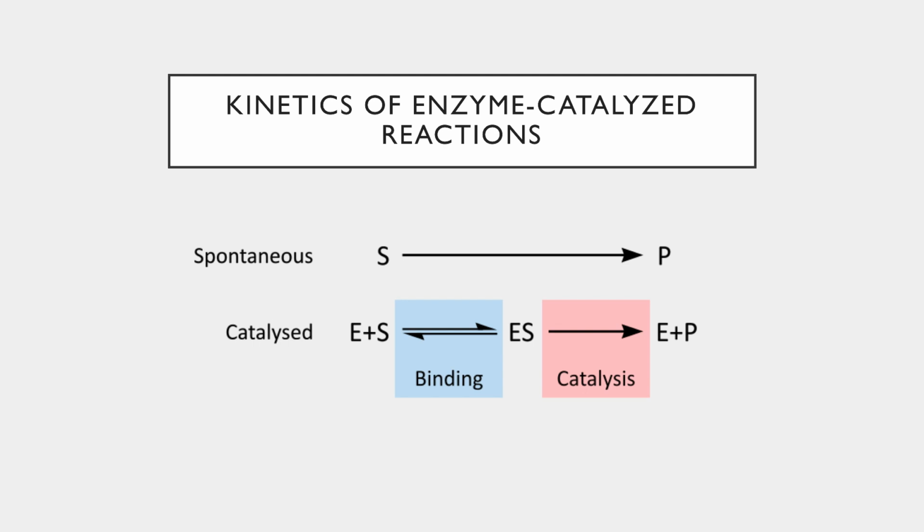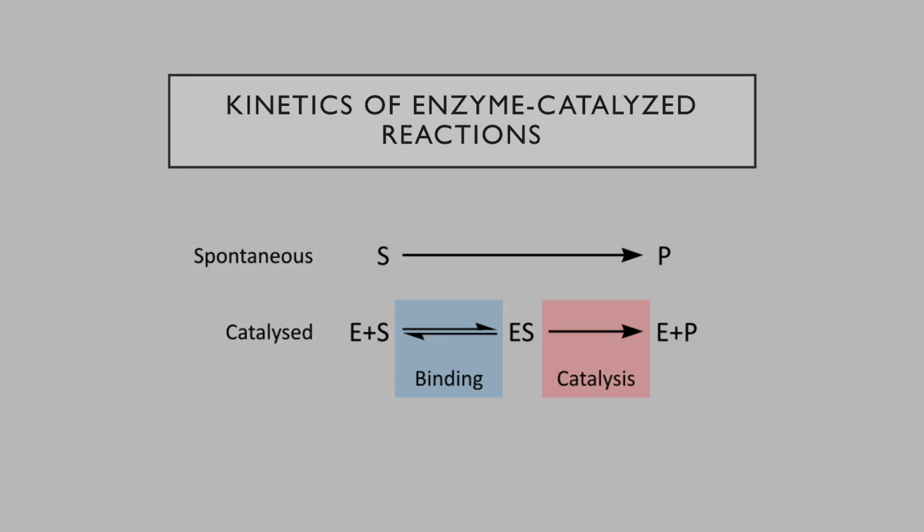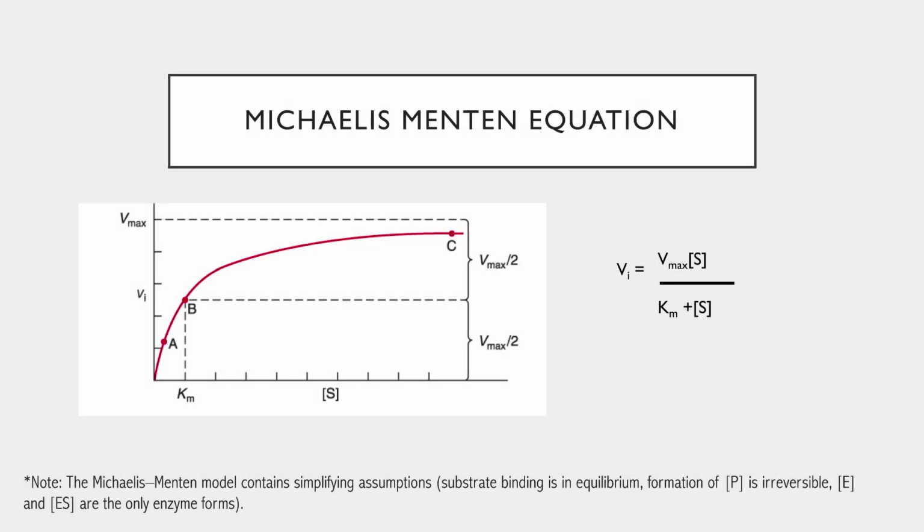The rate of this reaction is readily described by the Michaelis-Menten equation, which relates the initial velocity to the concentration of the substrate and two parameters, which we'll talk about, which are Km and Vmax. So the Vmax is defined as the maximal velocity of any given reaction.